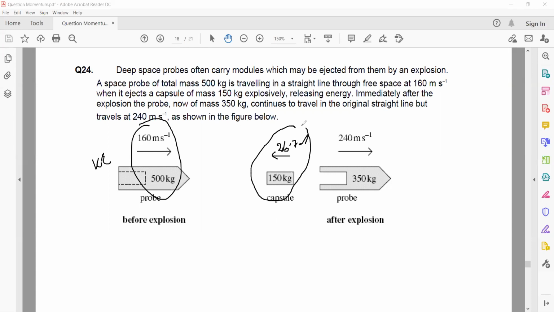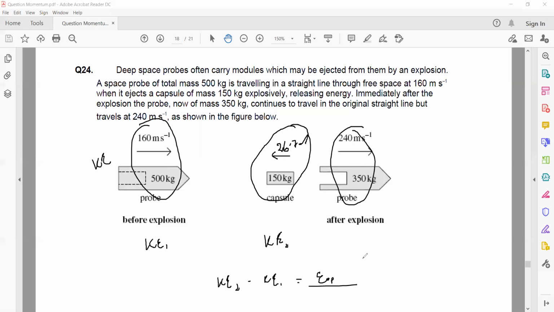So find the kinetic energy of the capsule and kinetic energy of the probe. Originally there was a kinetic energy, and the final kinetic energy is the sum of the kinetic energy of the capsule plus the probe. When we take the difference of these two energies, the final kinetic energy minus the initial kinetic energy, we will know how much energy is supplied by the explosion due to a chemical reaction.